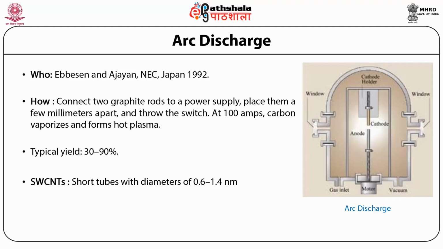Typically, the yield is around 30% to 90%. There is a possibility of tuning single wall carbon nanotube and multi-wall carbon nanotube depending on the arc condition. As you know, carbon at high temperature makes carbon dioxide. Therefore, we need a chamber in which we put helium or argon gas.